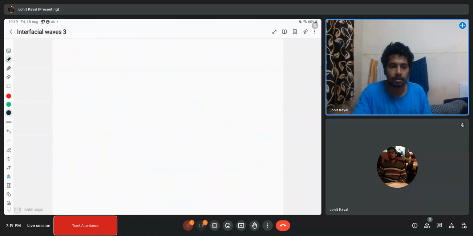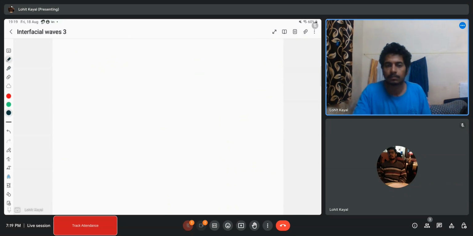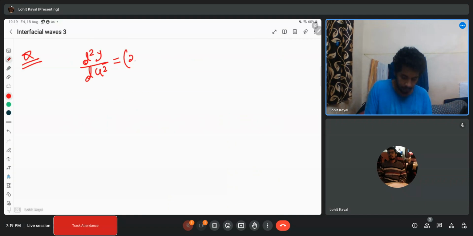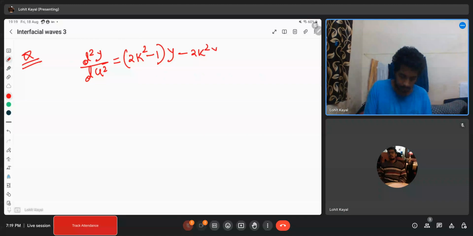So suppose you are provided with an equation that is d square y by du square equal to (2k square minus 1) y minus 2k square y cube.